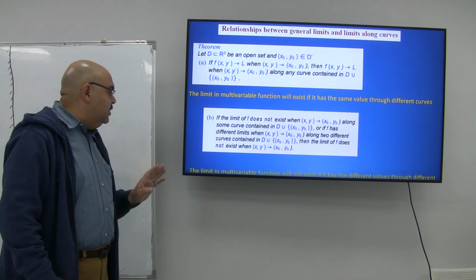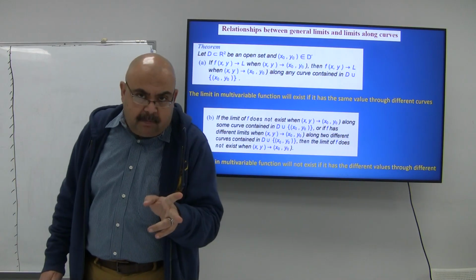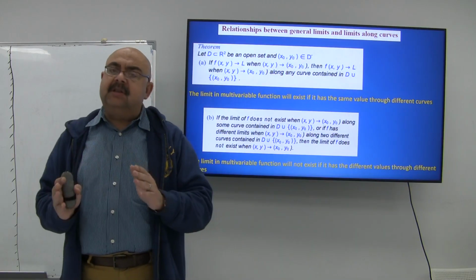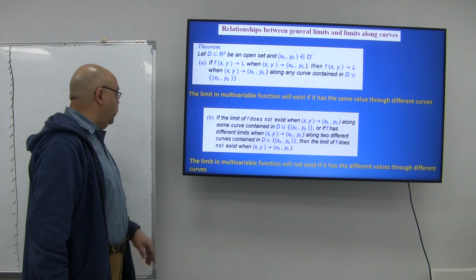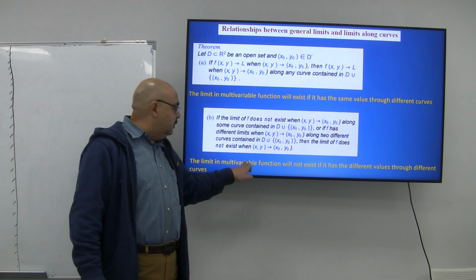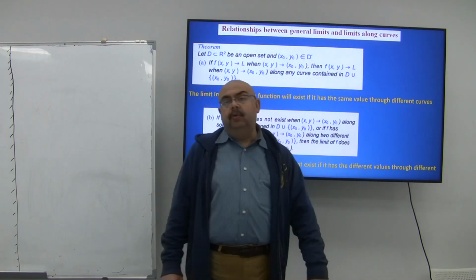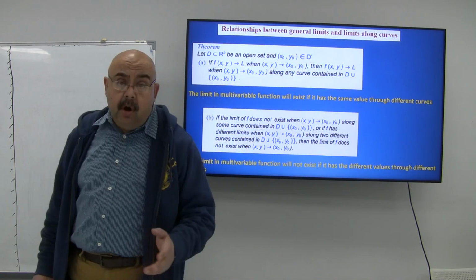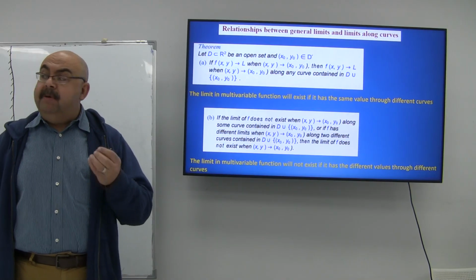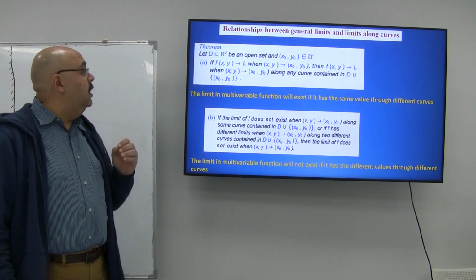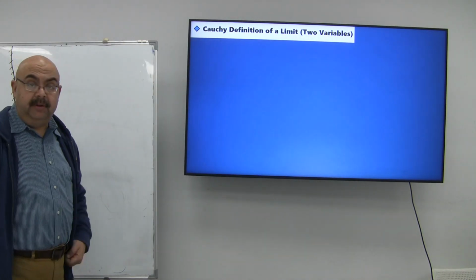Otherwise, if it has two different values from just two paths, then this function doesn't have a limit at this point. So once more, the limit of a multivariable function will not exist if it has different values through different curves. This is a major check that should be done in order to find the limit at a certain point.